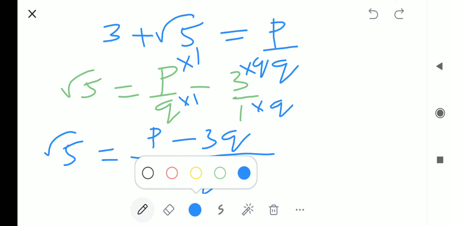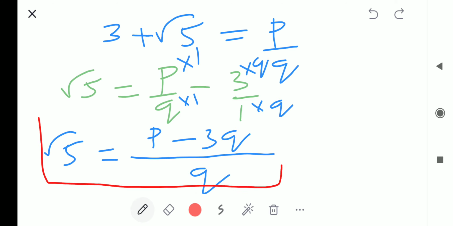Now I have root 5 is equal to p minus 3q by q. As we know, q is an integer, p is an integer, so 3q is an integer, p minus 3q is an integer, and integer by integer is rational.